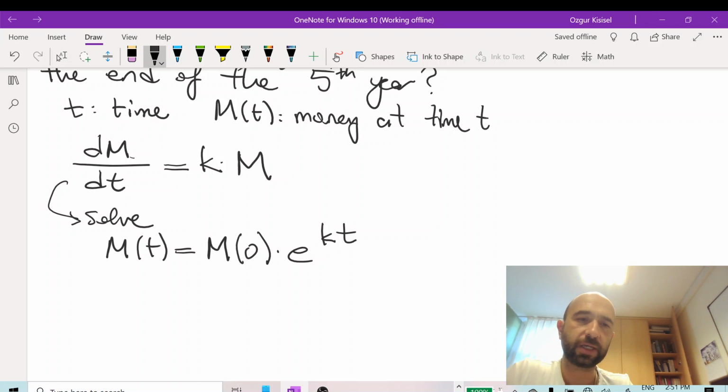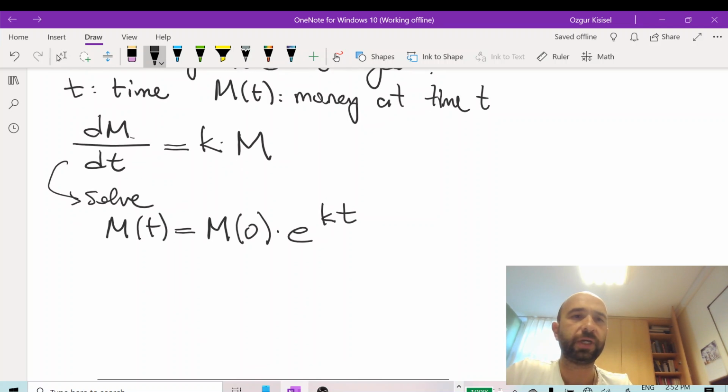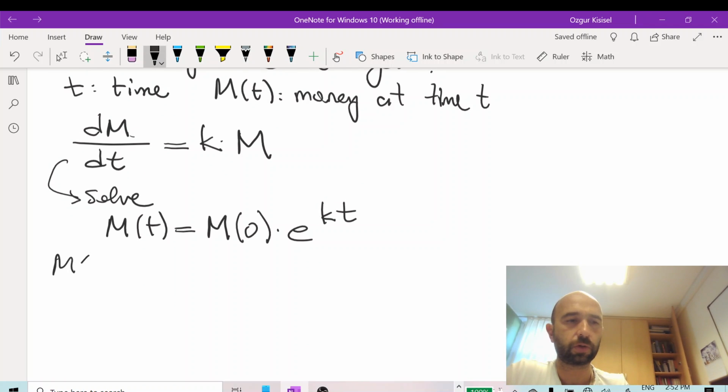So it's a growing exponential times a constant, where this constant is the initial amount of money. We know that m0 is 1,000. That was given in the problem.